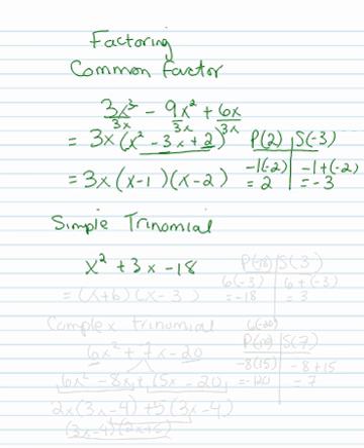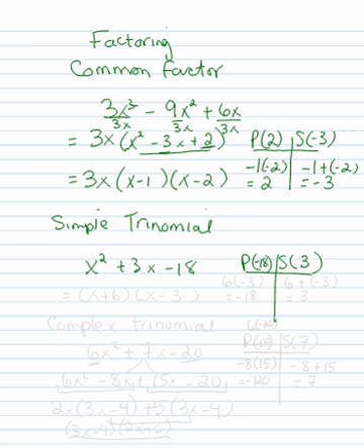Again, my product is the coefficient of the first times the coefficient of the last. In this case, it's just negative 18. And then my sum is the coefficient of that middle term, which in this case is 3. I'm now looking for two numbers that multiply to negative 18 and add to 3. I can go through many multiples here in order to find this, but once you've practiced a lot, you get quick at it.